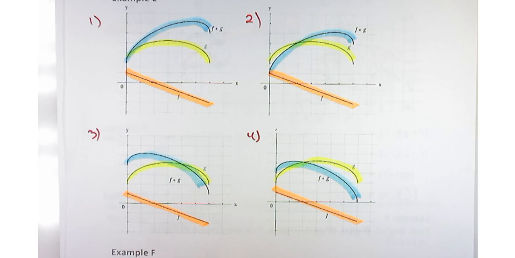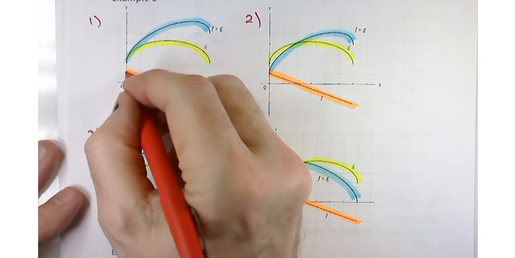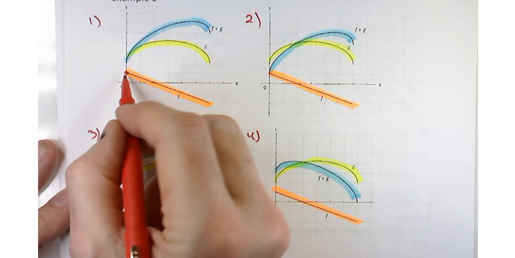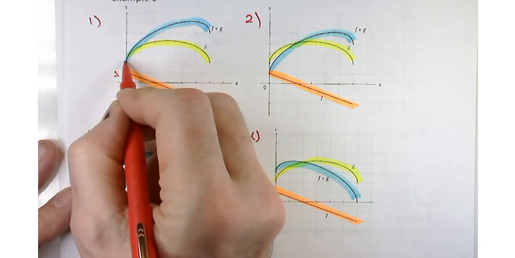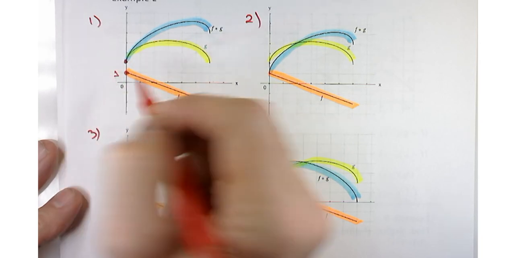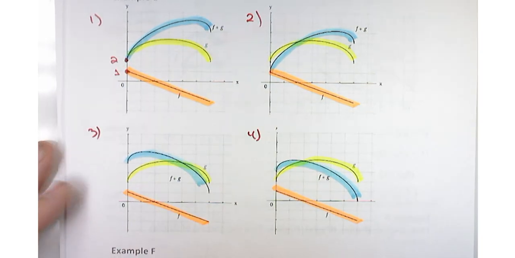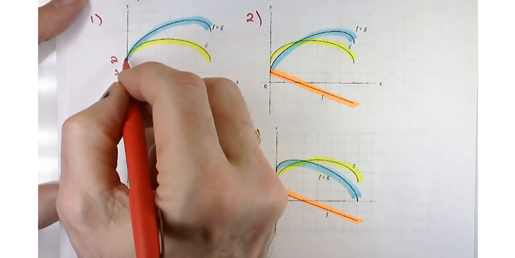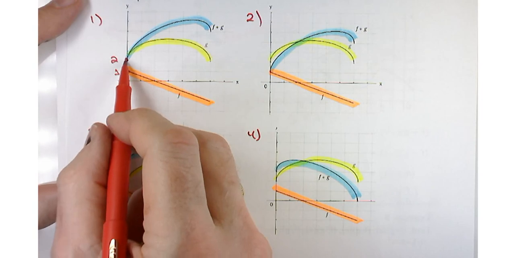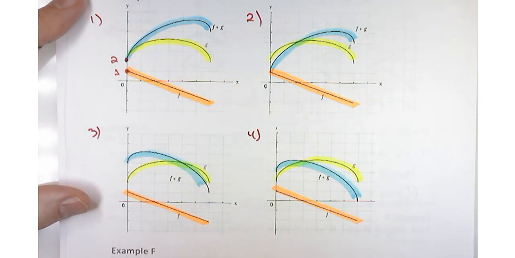Let's take a look here. F of 1 is 1, and g of 1 is 2. So what should f plus g look like? Yeah, f plus g should be 3. But where do you see f plus g at? It's at 2, so that doesn't look right.